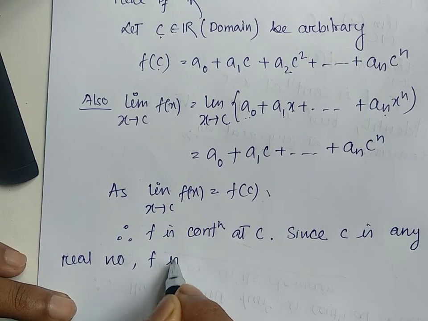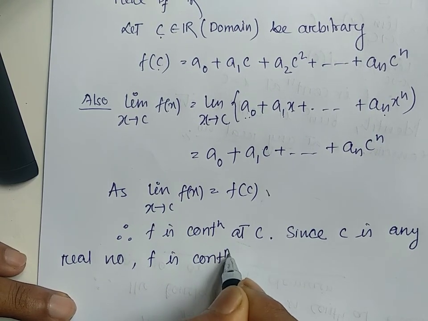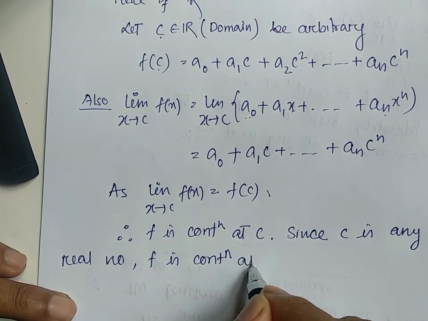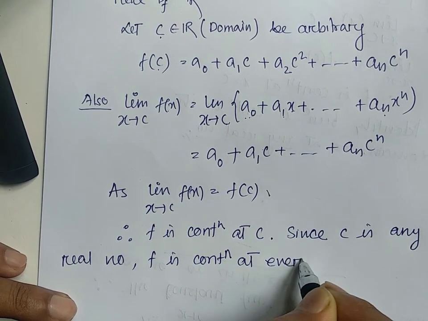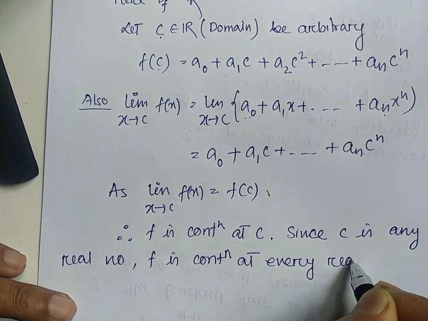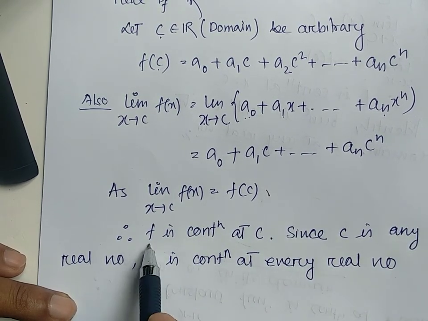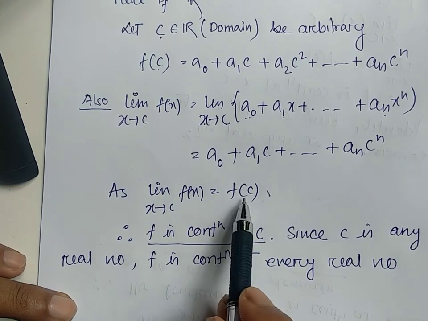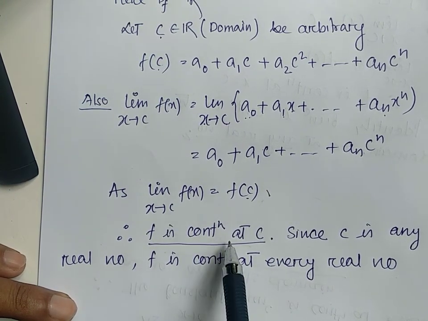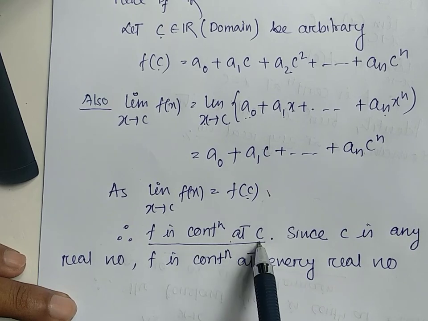So f is continuous at every real number, the meaning will remain the same. f is continuous at c, we have got it because the functional value at c and the limiting value are equal. So that's why we can say that f is continuous at c.